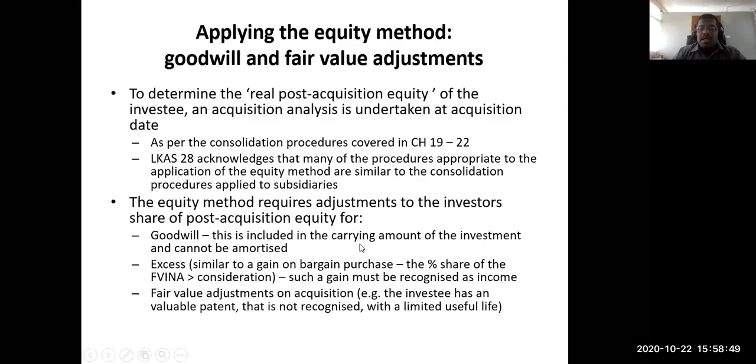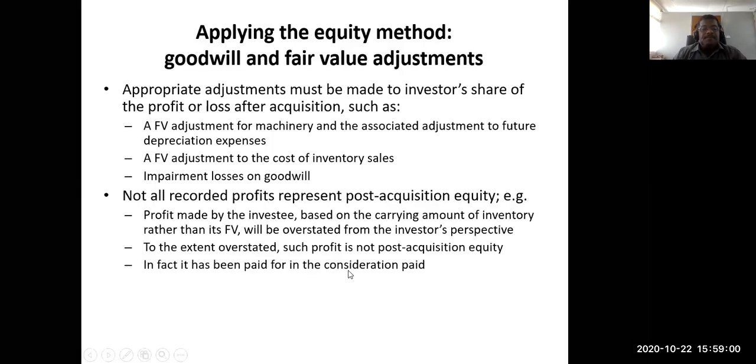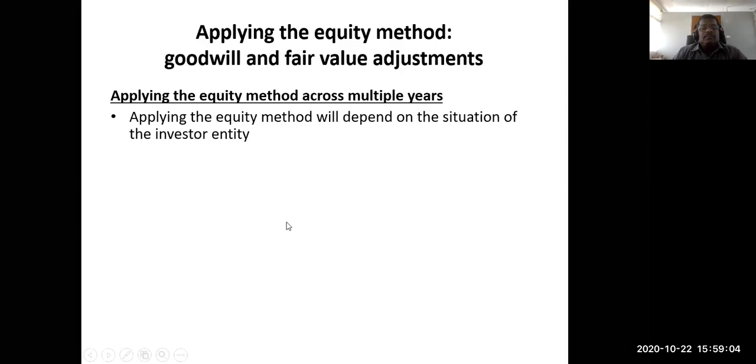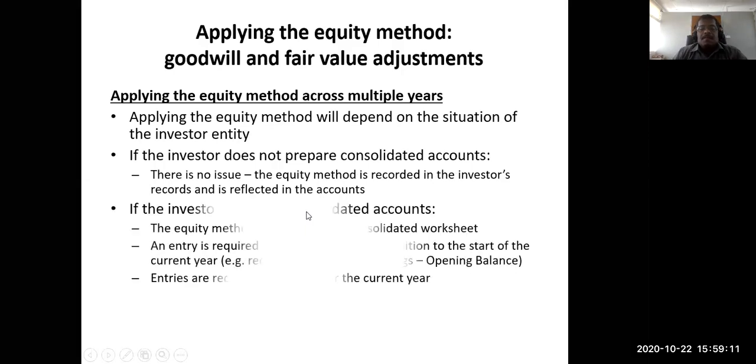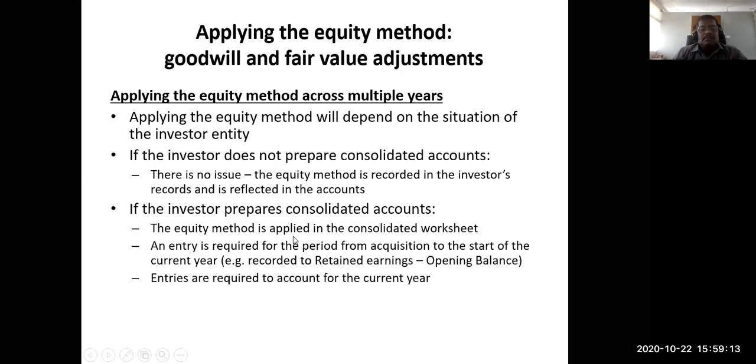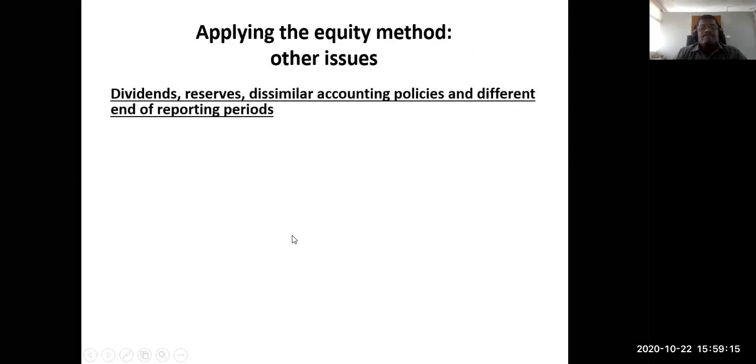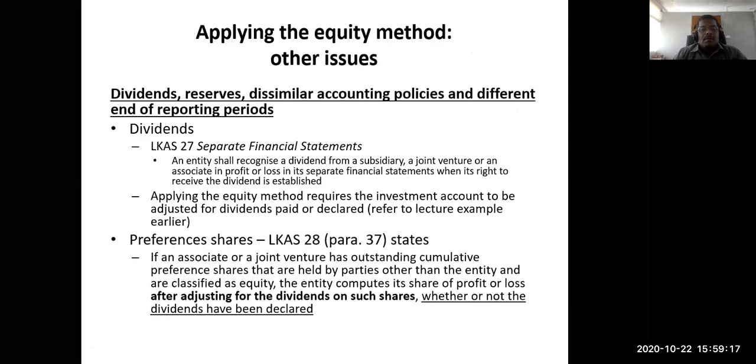Goodwill is part of the carried amount of the investment and cannot be amortized. Excess on a bargain purchase you will charge to the P&L. Applying the equity method will depend on the situation of the investor's inventory, etc.